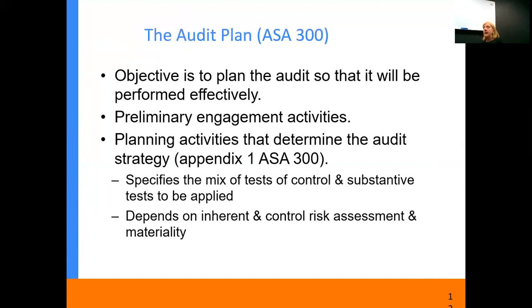Then we've got a whole lot of planning activities that we have to go through. In those planning activities, what we're trying to do is to work out the audit strategy. By this we mean we want to know to what extent we are going to rely on tests of controls, and to what extent we are going to rely on substantive tests.